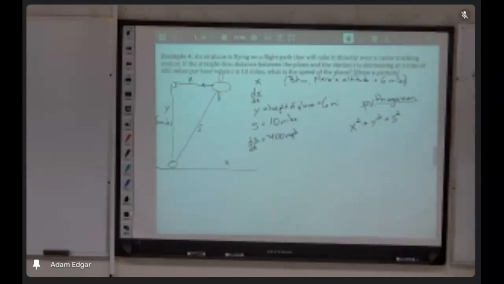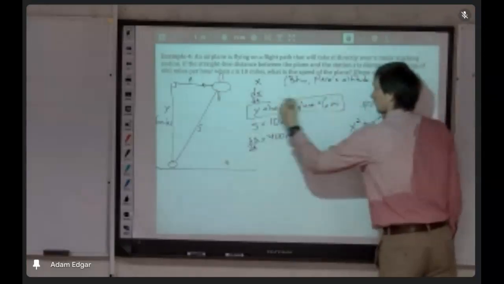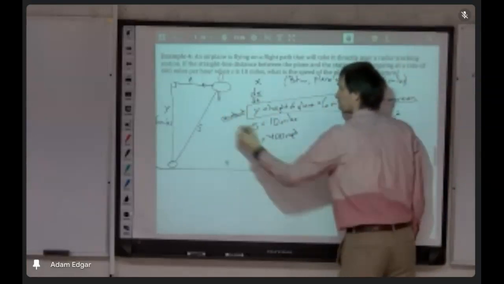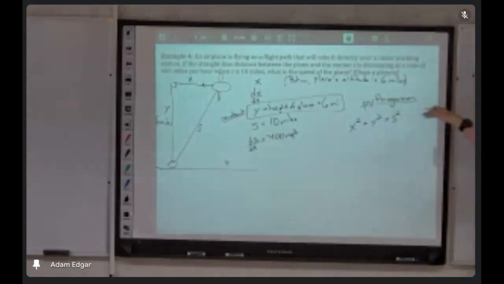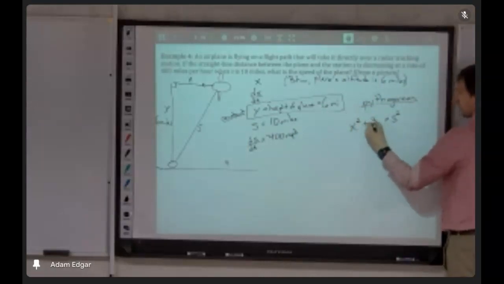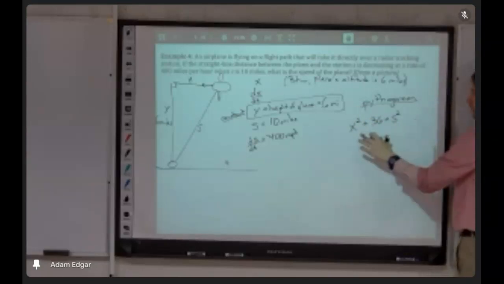Y squared is a constant, because the height of the plane is always 6 miles, so we can take out y and just put a 6 in there. So x squared plus 6 squared, which is 36, equals s squared. And so that's our initial equation.